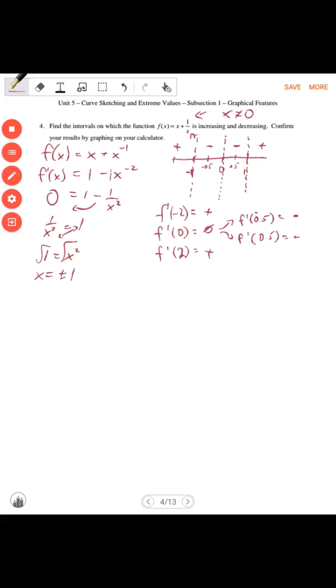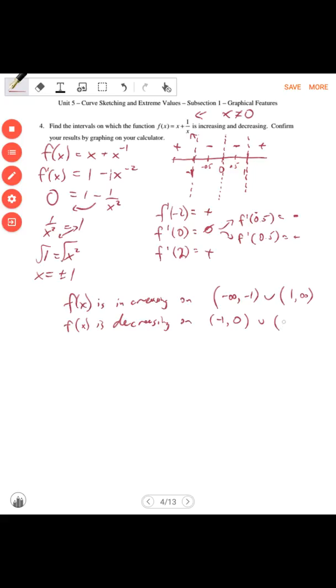So we have in our function, f of x is increasing on the interval from negative infinity up to negative 1, and from positive 1 up to positive infinity, and f of x is decreasing on the interval from negative 1 to 0, union with from 0 up to positive 1.